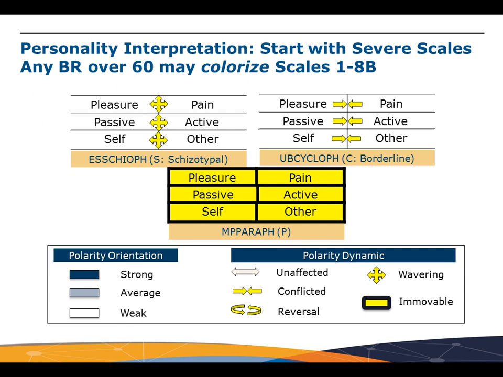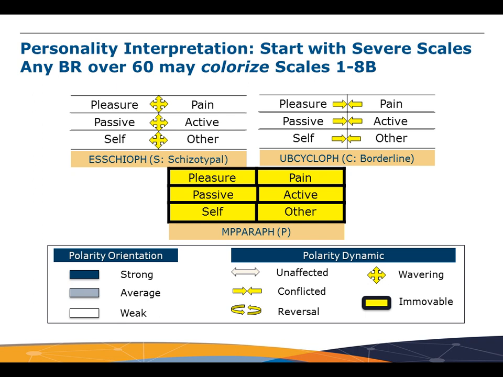We begin the personality interpretation with those severe scales, looking to see what might be the case. If any of these is the highest elevation, we might consider it as a primary diagnosis. In most of the protocols you're going to see, these either match closely with some of the other scales or are secondary to them.